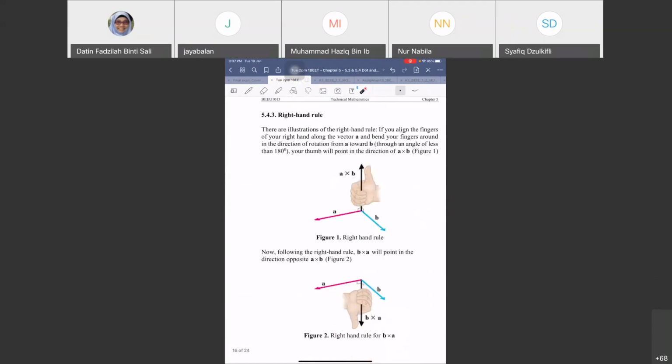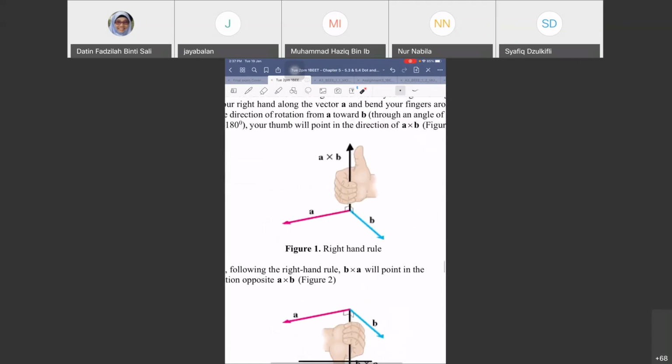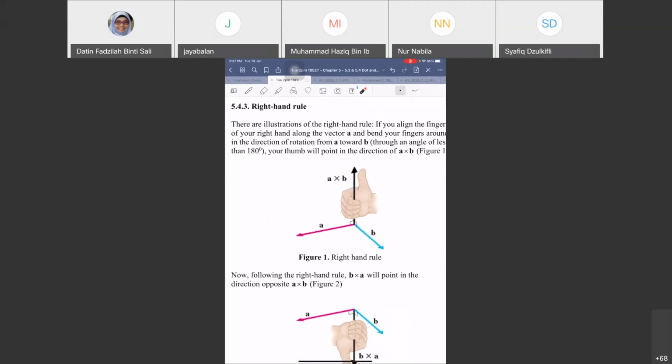This is the diagram to show you what they call the right hand rule. Here we have a and b, but it's the same whether you say u or v.